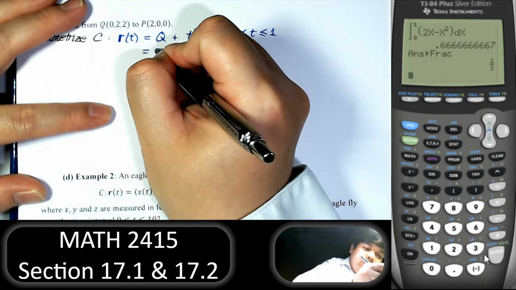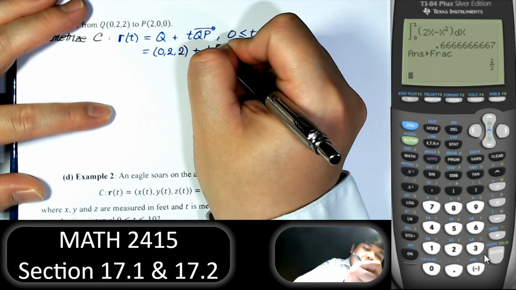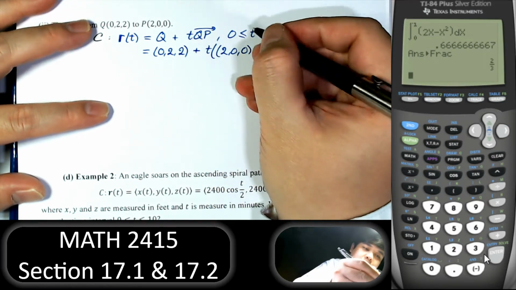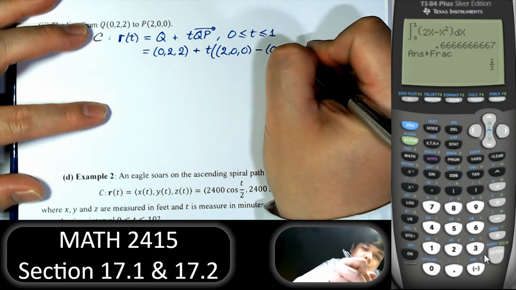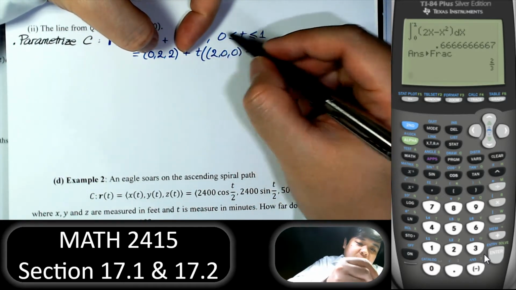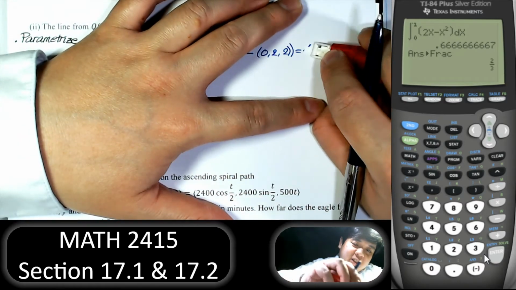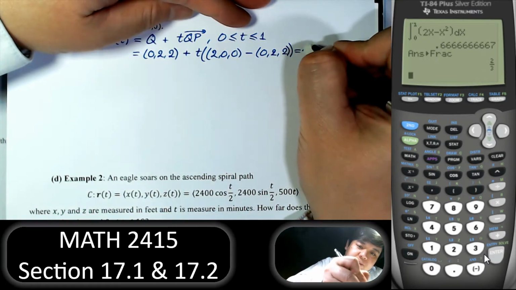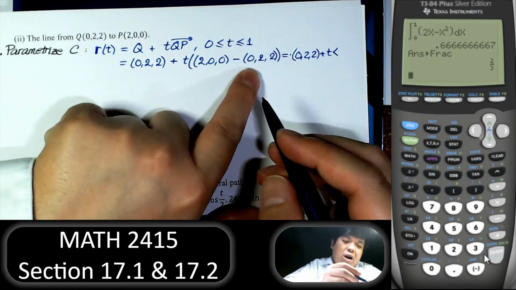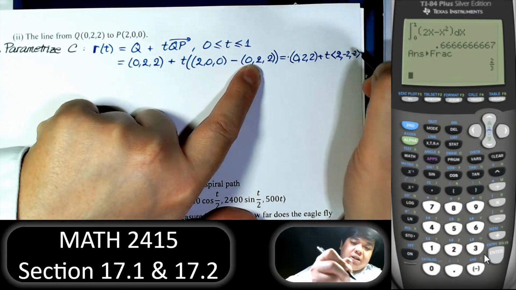The point Q is (0, 2, 2), and then we subtract P minus Q. When we do this, we have (0, 2, 2) plus t times the vector (2 minus 0, 0 minus 2, 0 minus 2). So that is the vector.